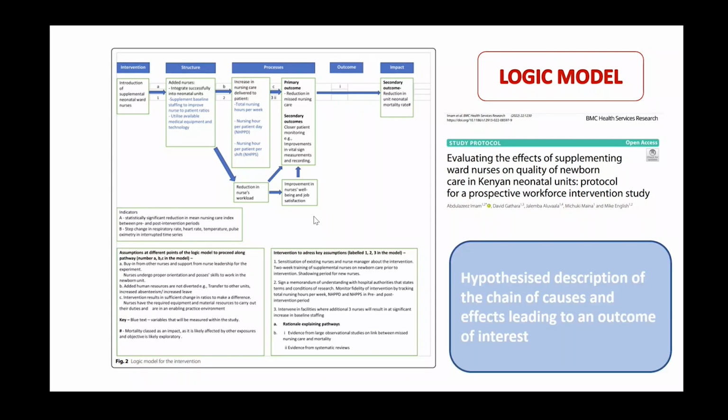A logic model is a hypothesized description of a chain of causes and effects that lead to an outcome of interest. I know Ben is on the call, and I know Sebastian spoke about theory of change. A common question is, how does a logic model differ from a theory of change?